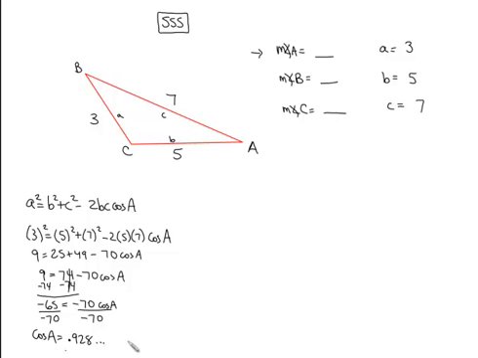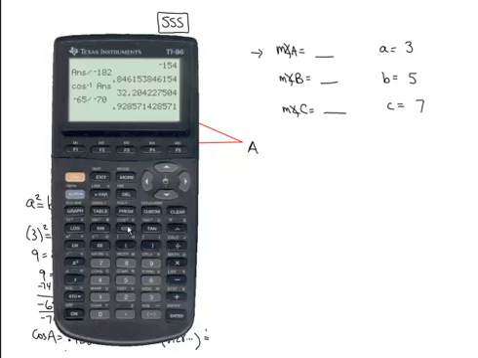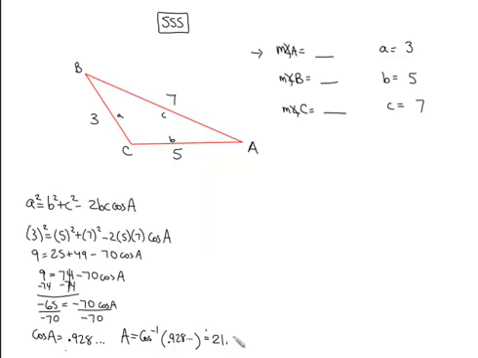And so A then is equal to the inverse cosine of that 0.928 dot dot dot number that I'm leaving in my calculator, which I then punch into my calculator. Second function cosine of the answer, 21.8 degrees when we round it off. So this is 21.8 degrees.